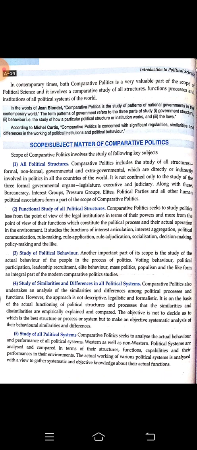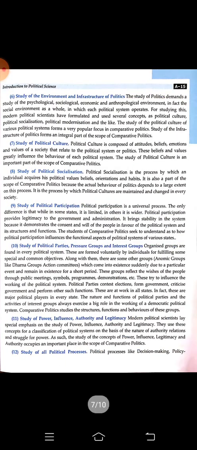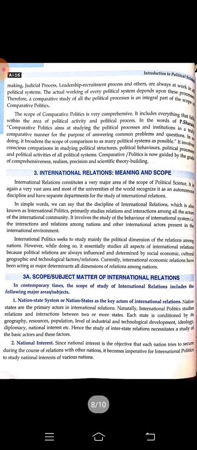If there is a unitary form of government, how will the political behavior be, how will the government act, and what are the similarities and differences between the UK, the USA and India. If India is a quasi-federal state, what kind of behavior is the government showing, and what kind of power sharing is it doing. These are the things we can understand. So we compare and then we understand. This is the basic concept of this matter.